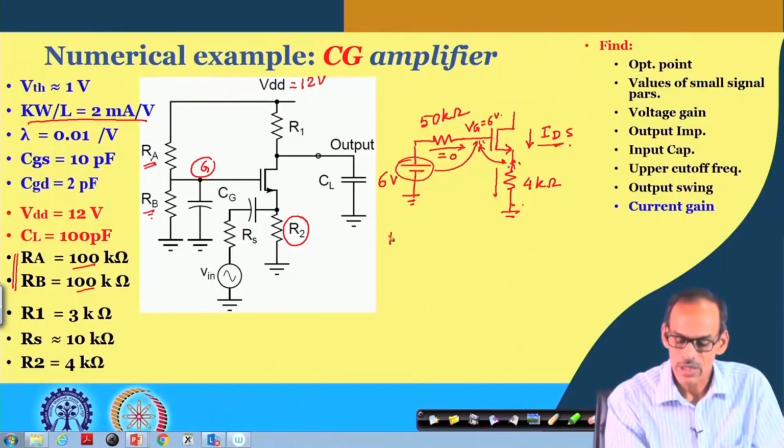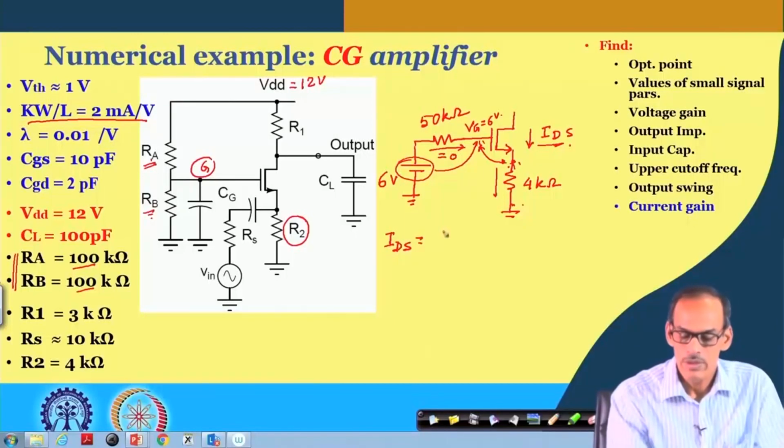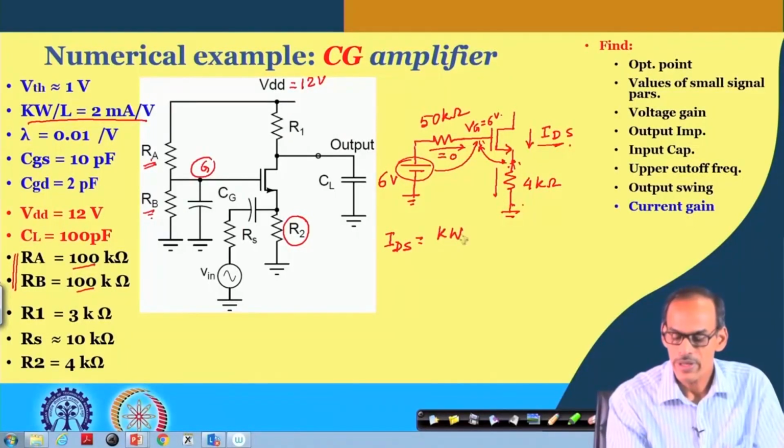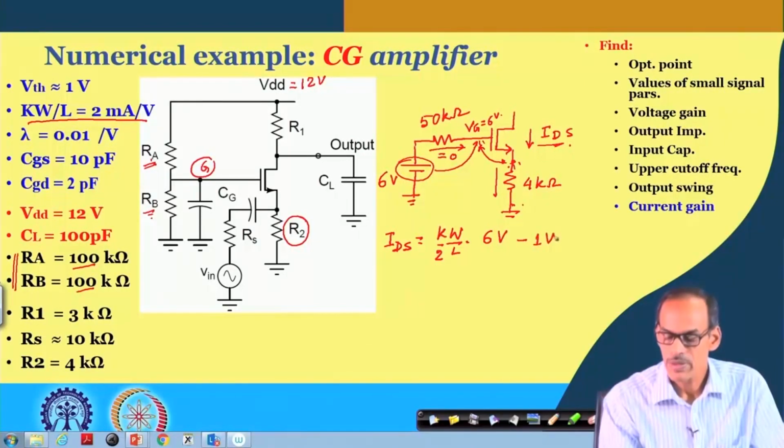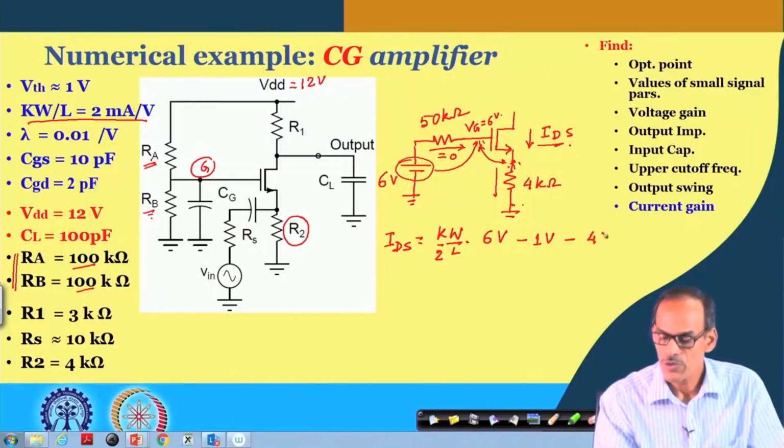So, if I say that IDS equals K W by L by 2 into VGS, and VGS is 6 volt minus VTH of 1 volt minus this IR drop, which is 4 K into IDS, and its square.